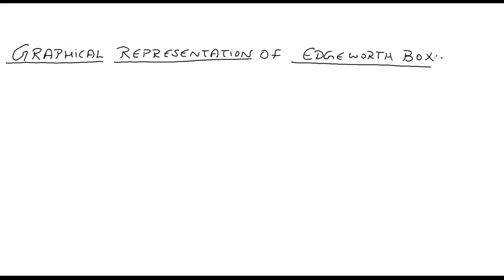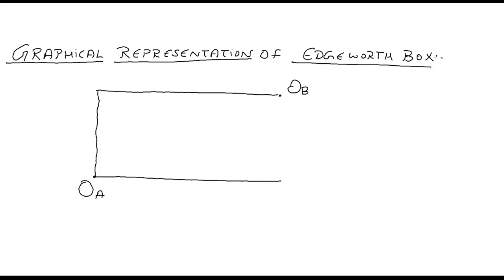An Edgeworth box is nothing but a rectangle. Now there are two agents A and B, so we'll have two origins. You can see the origin of agent A, agent A's x-axis and agent A's y-axis. Similarly, the origin of agent B, agent B's x-axis and agent B's y-axis.